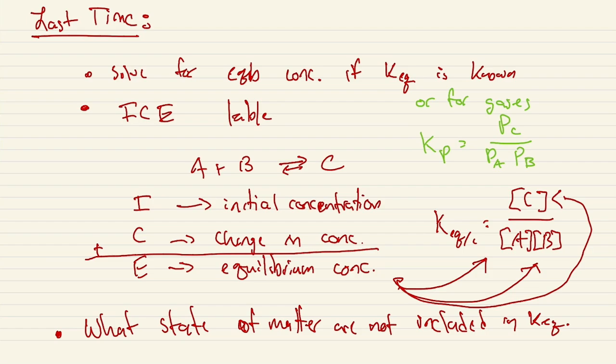Huh? Solids and liquids, right? Those are not included. And we did that in lab last time to look at the solubility product for a complex ion equilibrium. Well, if we have time, we'll get to that in lecture today as well.